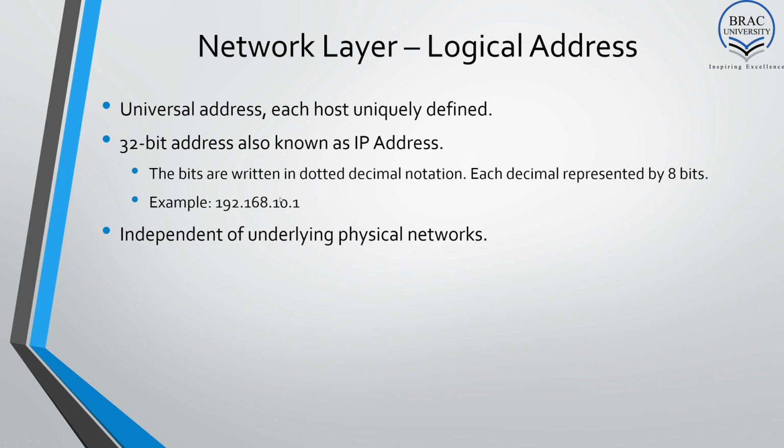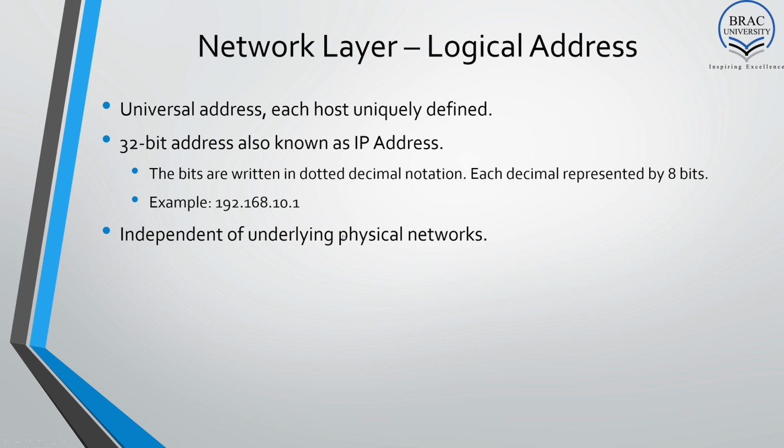If you see the example on line 4, 192.168.10.1, each of these decimal numbers carries 8 bits. Together they make 32 bits. We will learn in great length how this is constructed later. This does not concern any other layers, independent of the underlying physical networks and everything.